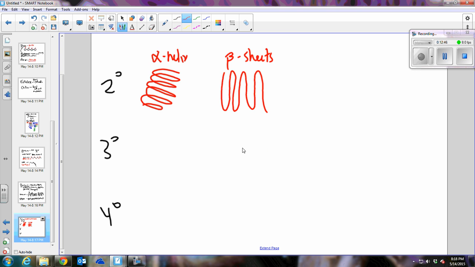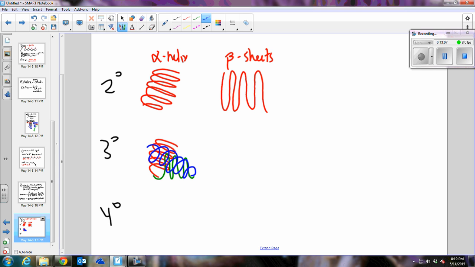That's the secondary structure. Well, when you get several of these alpha helixes and beta sheets sticking together, that is called a tertiary structure.